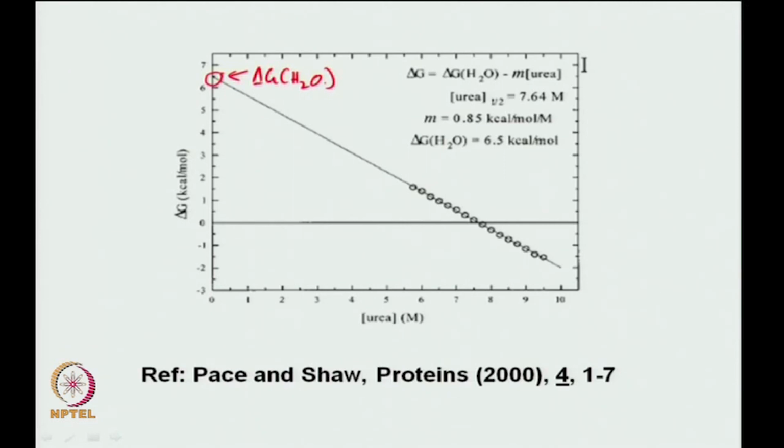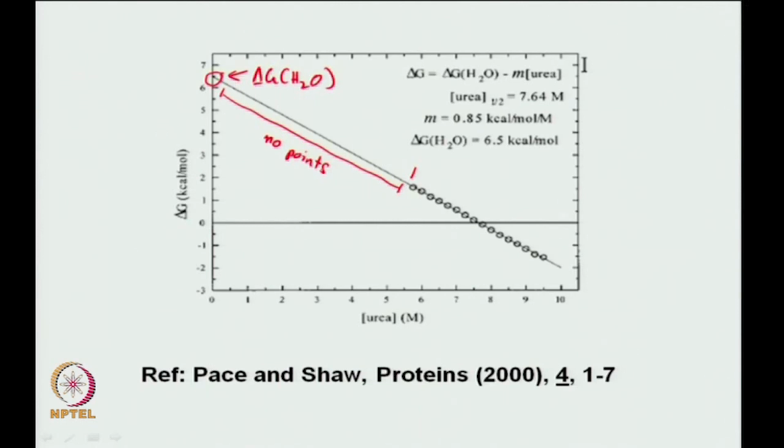Now, you look at this portion to this portion. Are there any measurement points? There are no points from experiment. There are absolutely no points from experiment. See that, and you can see where we are when we do not have any points. This region corresponds to say 1, 2, 3, 4, even 5 molar urea.